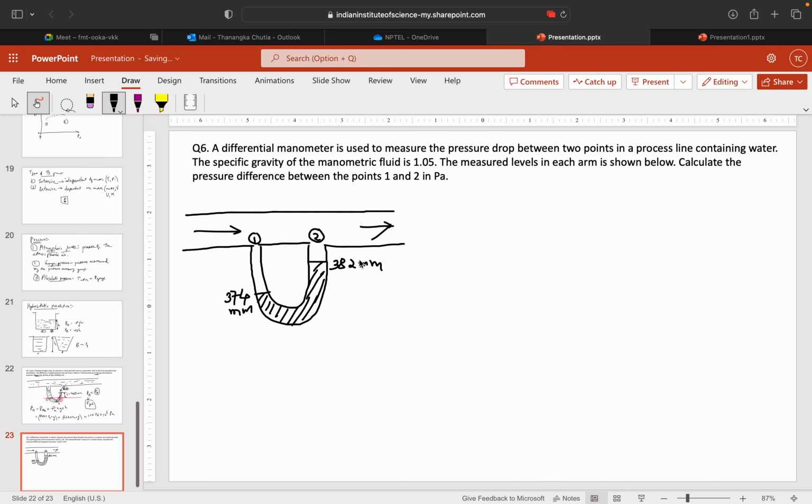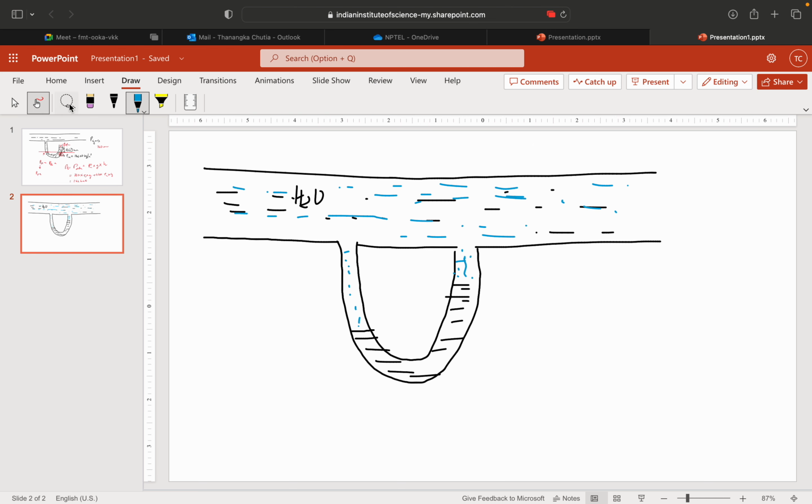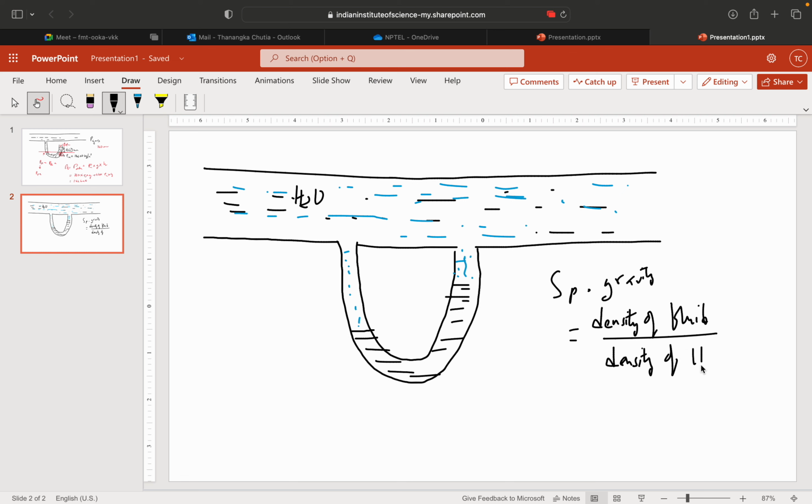Now they have given that the specific gravity of the manometric fluid is 1.05. So what do you mean by specific gravity? Specific gravity means density of the fluid divided by density of water. It is just a ratio.